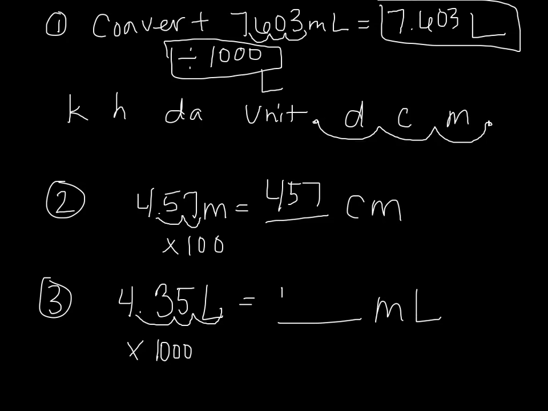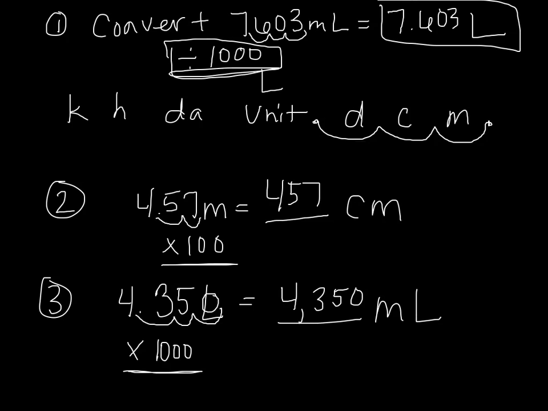So it is 4,350 milliliters. Okay, because I had to go one more spot than the numbers I had, so then I just add in that 0 there, and that gives me my new number. Again, you need to tell me we're multiplying by 100, multiplying by 1,000, dividing by 1,000. You need to tell me that.